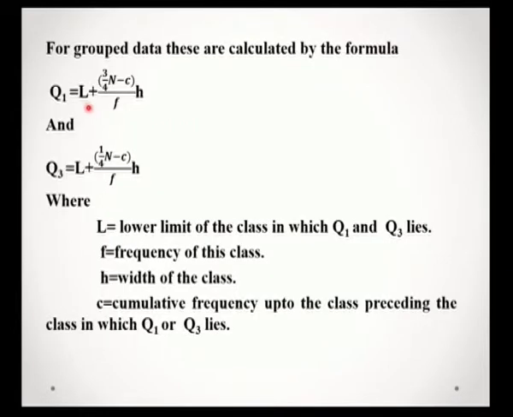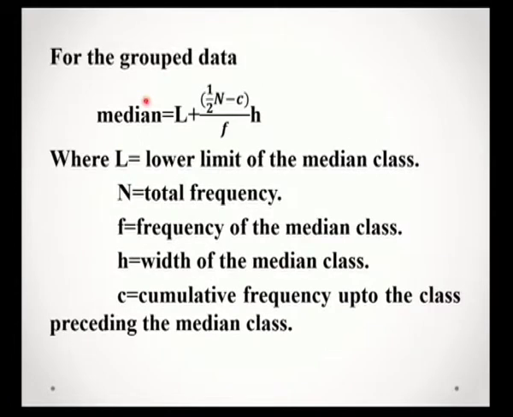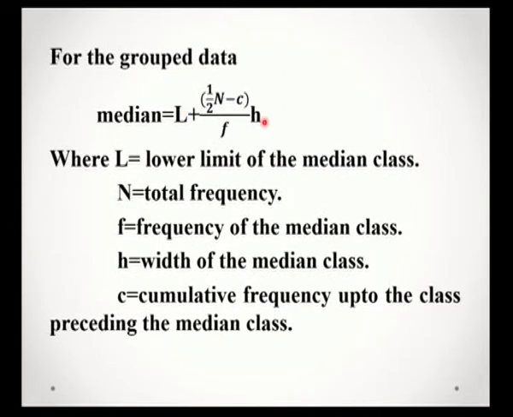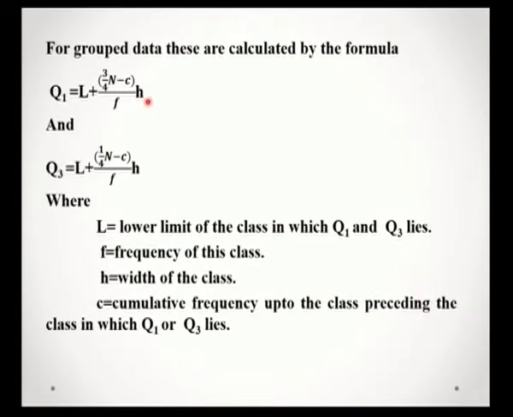The only change is that instead of 1/2, here 1/4 and 3/4 exist, while h exists in the quartile formula also. So in the median formula the half is replaced by 1/4 and 3/4 in the lower quartile and upper quartile.